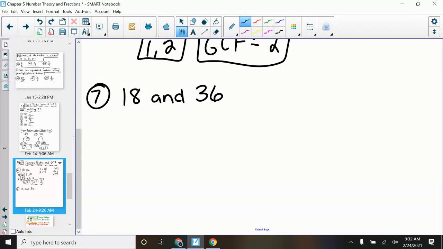Those are your numbers. I want you to find the common factors and then find the greatest common factor. I know you know the greatest one, but I'm asking you to find all the common factors. So even though you already know the greatest one, that's great, but you still have to find the common ones too.